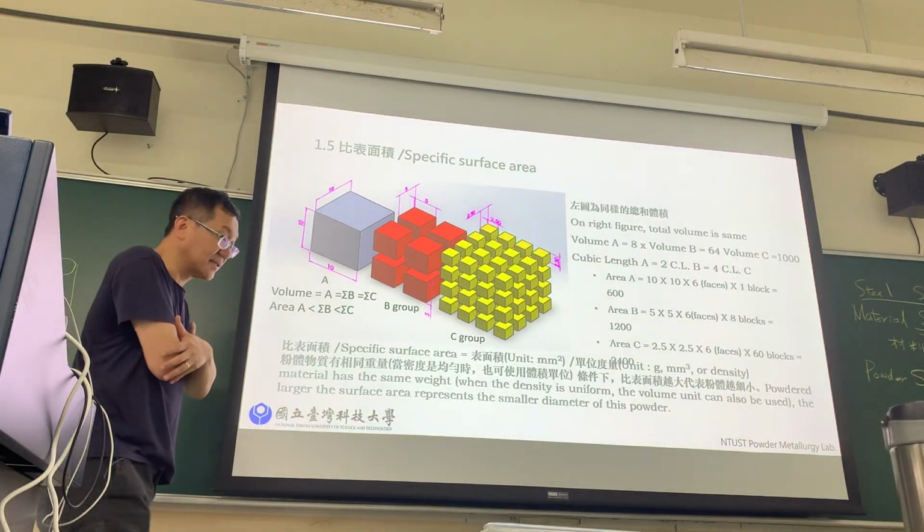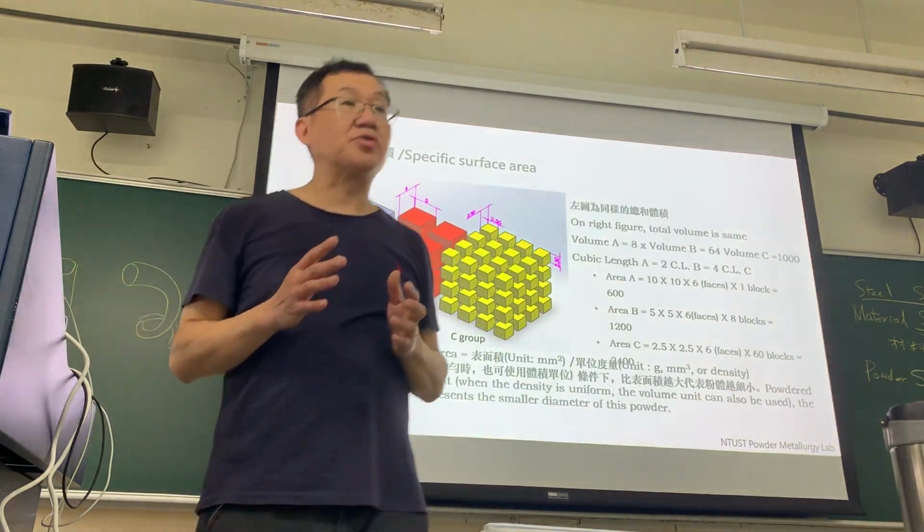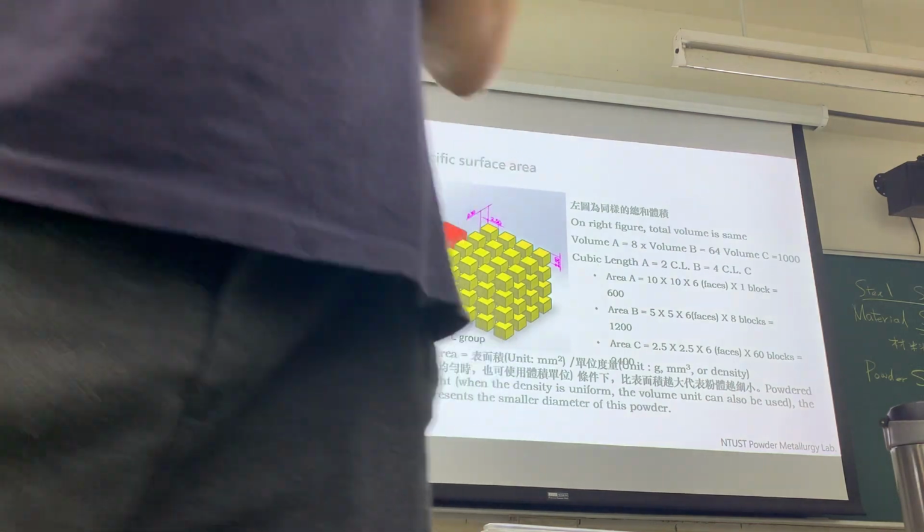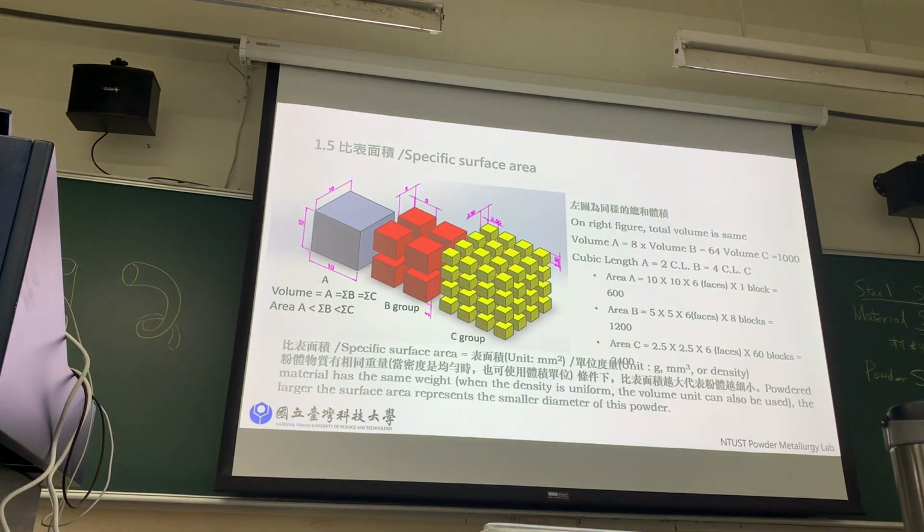Next, now we have 3 colored cubes: the gray, the red, and the yellow. Here we express the difference in particle size and surface area.